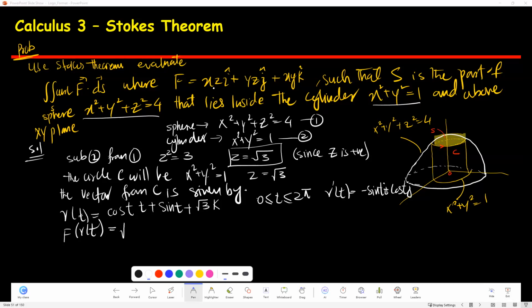If I substitute into my function, it's going to be square root 3 cos t i plus square root 3 sin t j plus cos t sin t k.